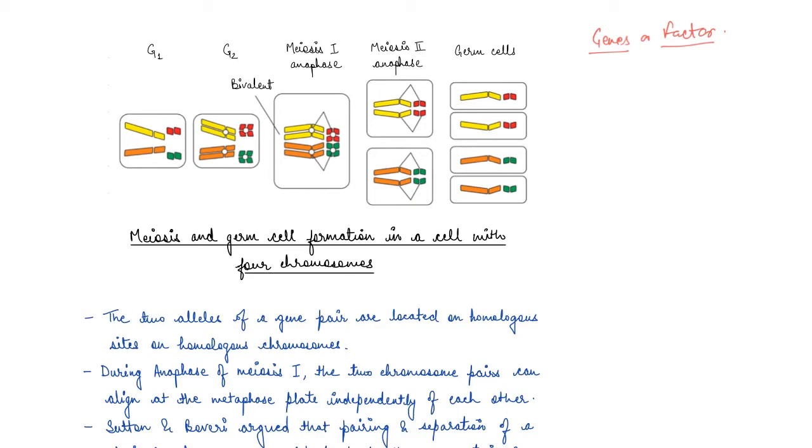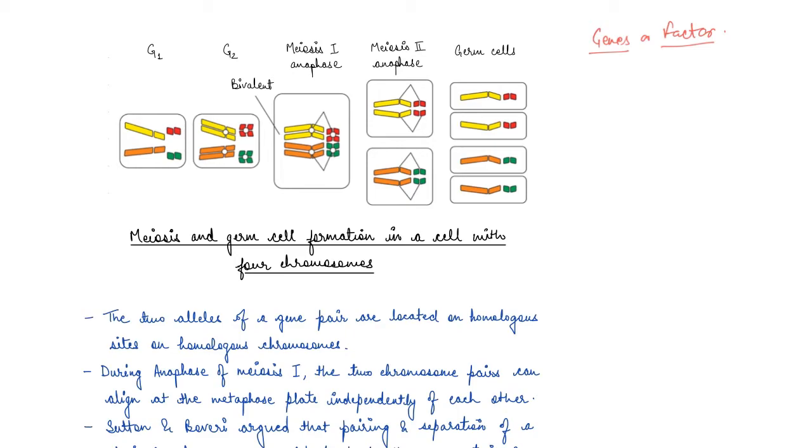Now, two alleles of a gene pair are located on homologous sites, on what we call homologous chromosomes, right? Now, during anaphase of meiosis one, if you can recall it, two chromosome pairs can align at the metaphase plate independently of each other, right?